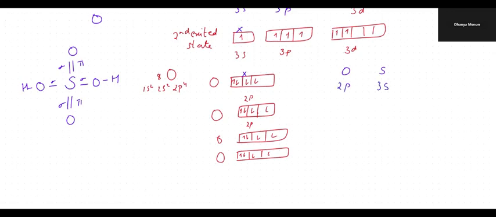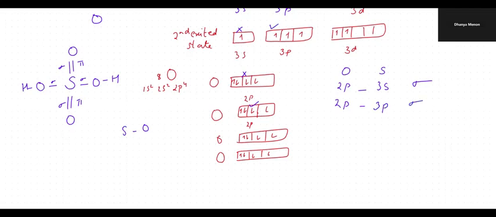That's a sigma bond. Yes, there's another sigma bond. You can see 2 sigma bonds are there between sulfur and oxygen. Now, there's another sigma bond that can be formed between the 2p orbital of oxygen and the 3p orbital of sulfur. That's also a sigma bond.